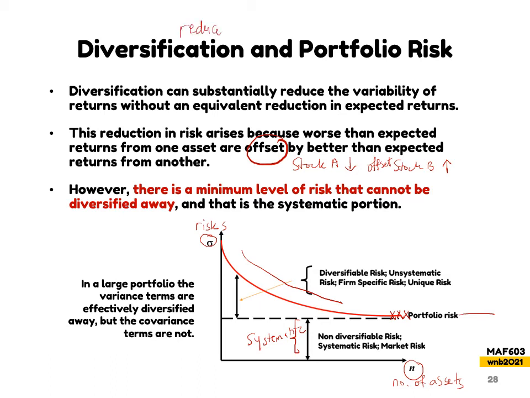It can only reduce the risk, but cannot eliminate risk. Okay, diversification in investment will only reduce risk, but there is one portion of risk that investors need to bear, which is the systematic portion. You will never get an investment with zero risk. There is some risk that needs to be borne by the investors.